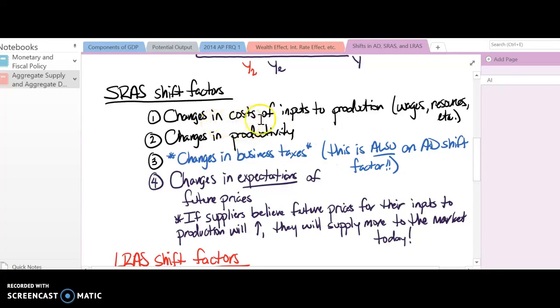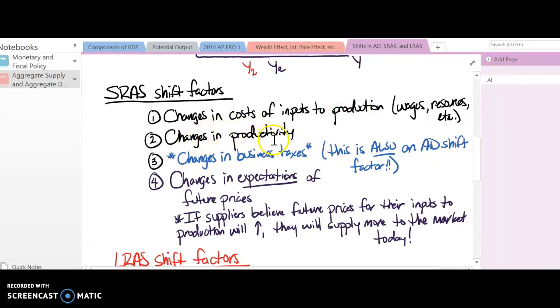So if you recall, whenever there's a change in the cost of inputs to production, this is going to be your most commonly tested shift factor, specifically wages. Wages is talked about a lot in macroeconomics and aggregate supply, aggregate demand. Okay, if there's an increase or decrease in wages or the cost of resources, that will shift SRAS to the left or to the right.